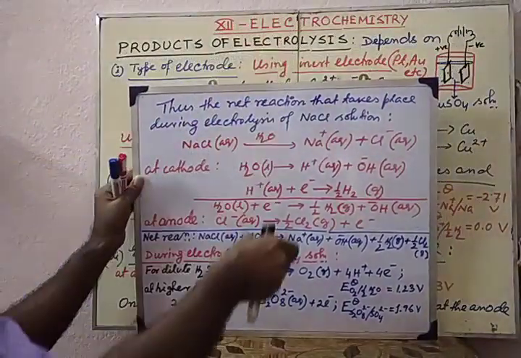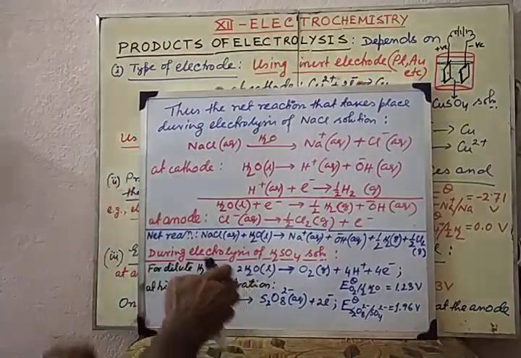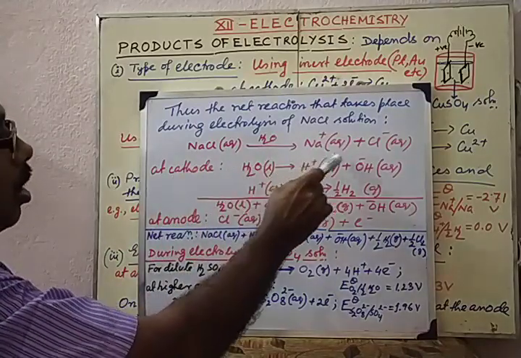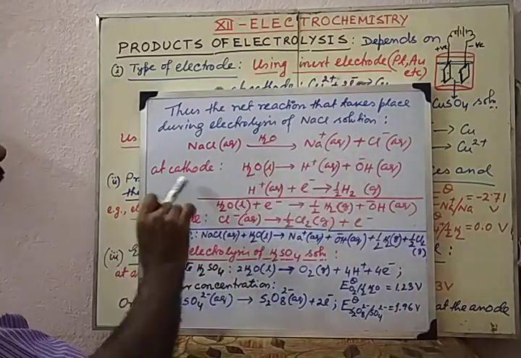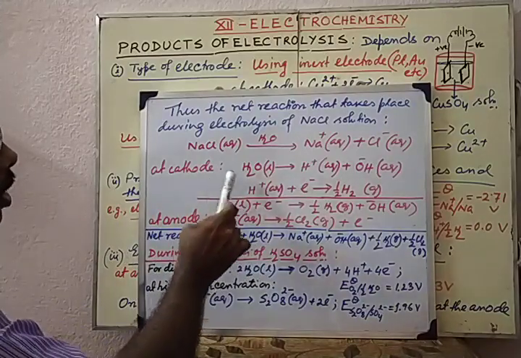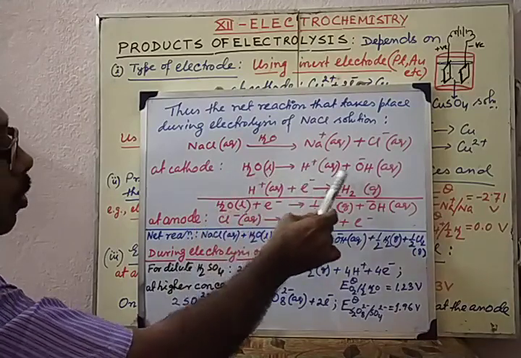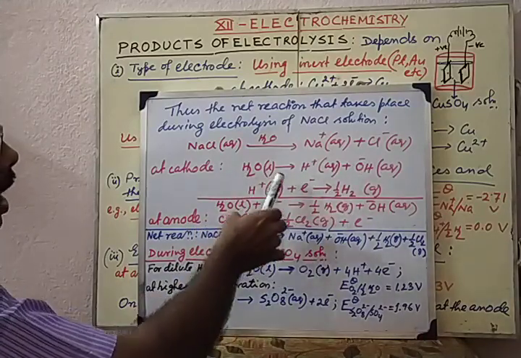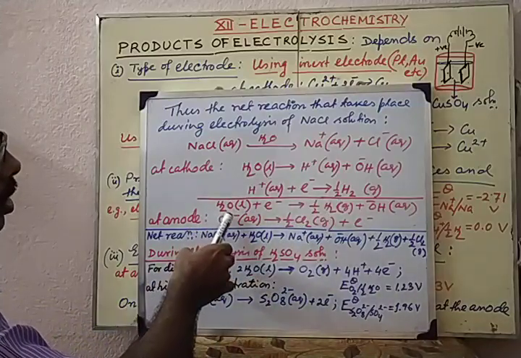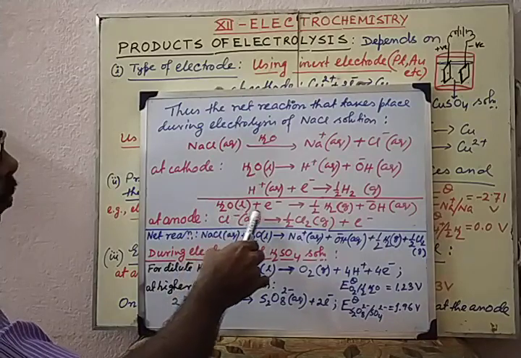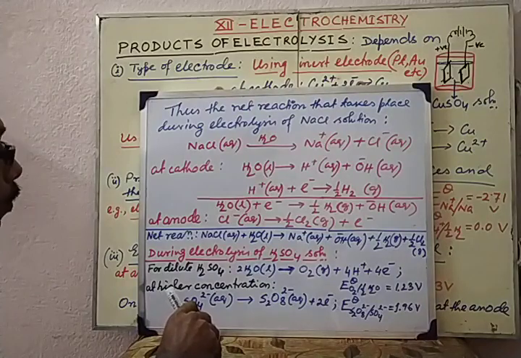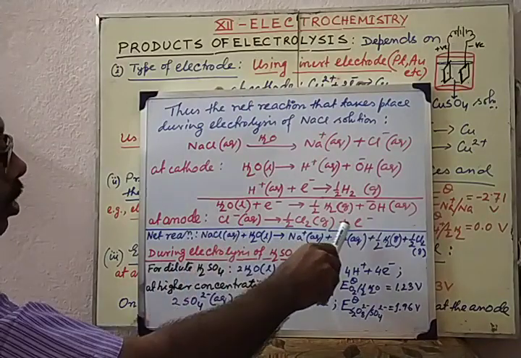Now the net reaction: NaCl is ionized to Na plus and Cl minus. At the cathode, we can write the reaction stepwise: water ionizes to form H plus and OH minus, and at the cathode H plus ion is discharged. So the overall reaction is, as shown earlier, H2O converted to hydrogen at the cathode, and at the anode chlorine is discharged.